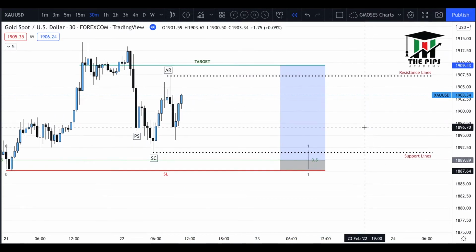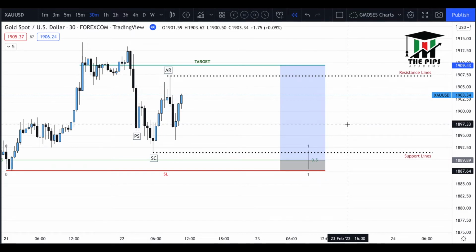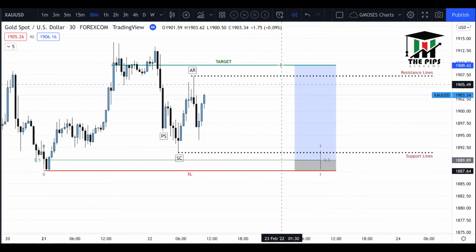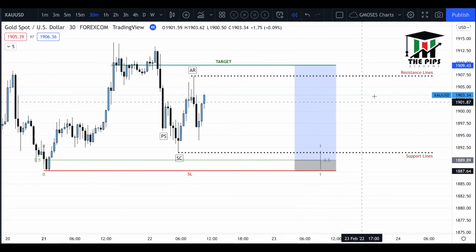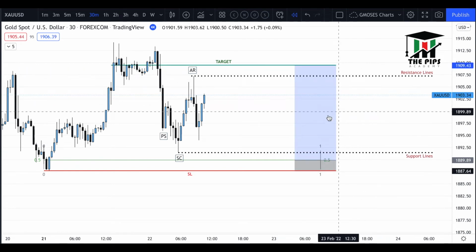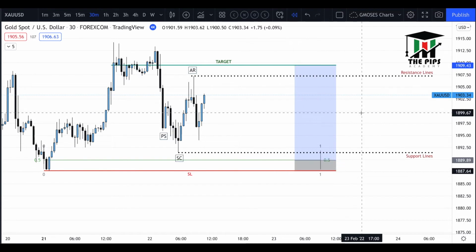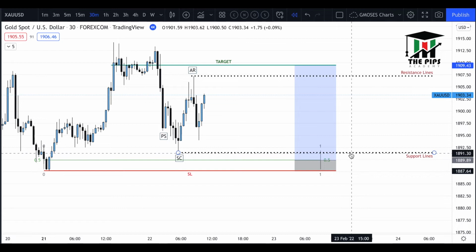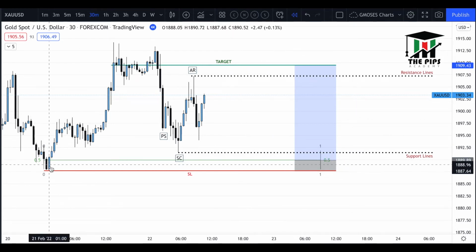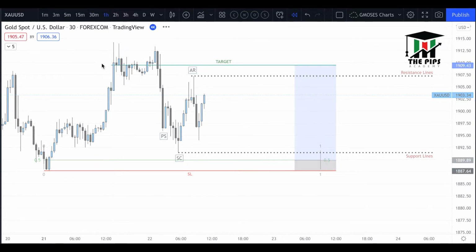Now you'll notice that once I put my long tool on here, my entry is actually below the support line. Now, like I said, I was looking at this order block and I gathered it 50% off the 1 hour.